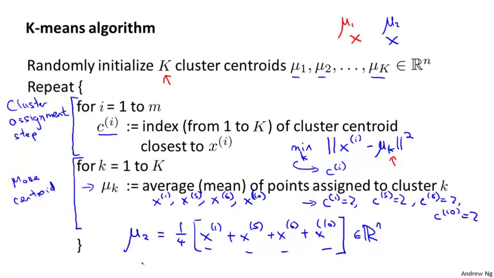But sometimes if you really need k clusters, then the other thing you can do, if you have a cluster centroid with no points assigned to it, is randomly reinitialize that cluster centroid. But it's more common to just eliminate a cluster if somewhere during k-means it ends up with no points assigned to that cluster centroid. And that can happen, although in practice it happens not that often. So that's the k-means algorithm.